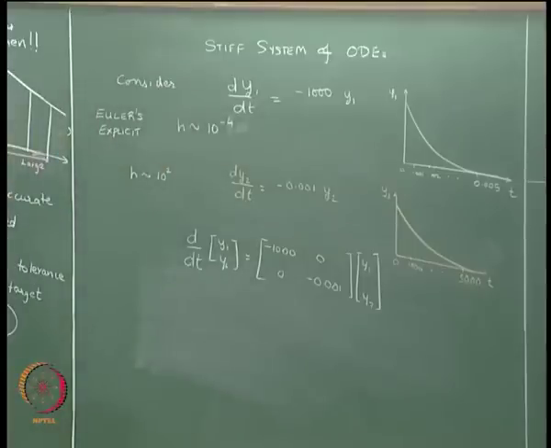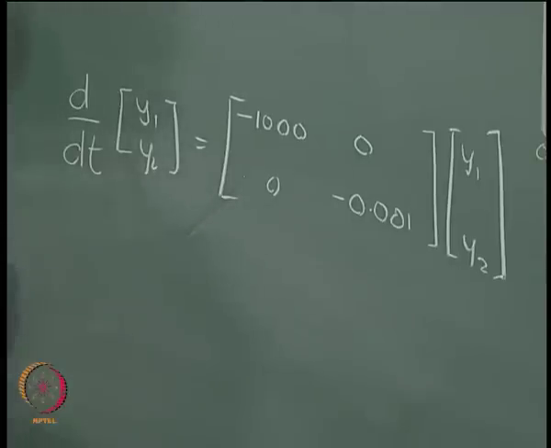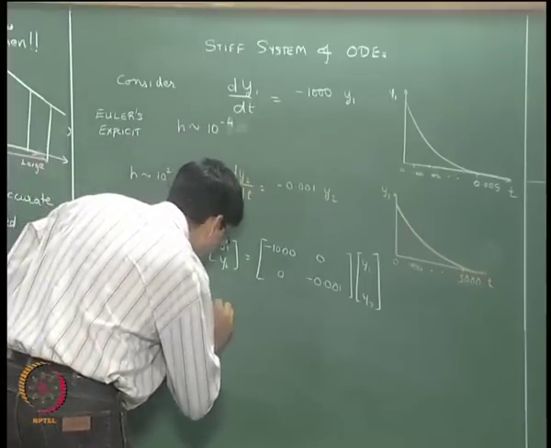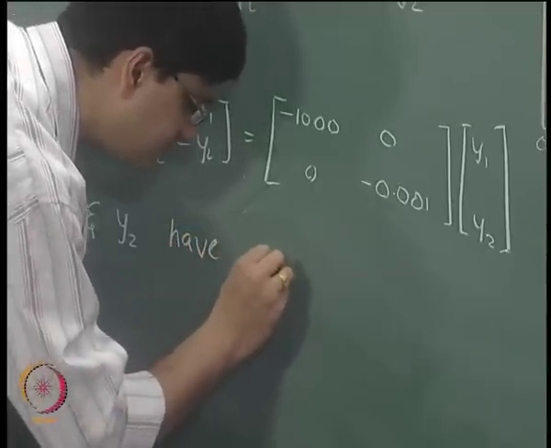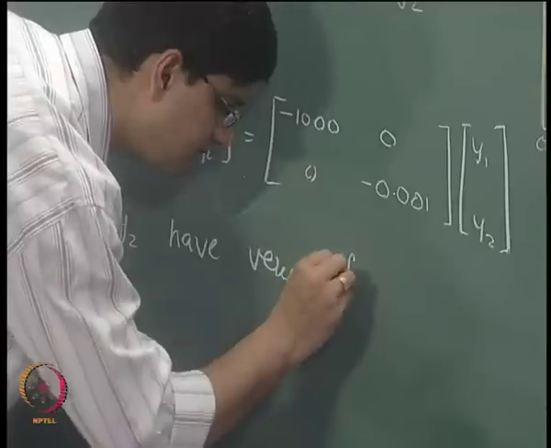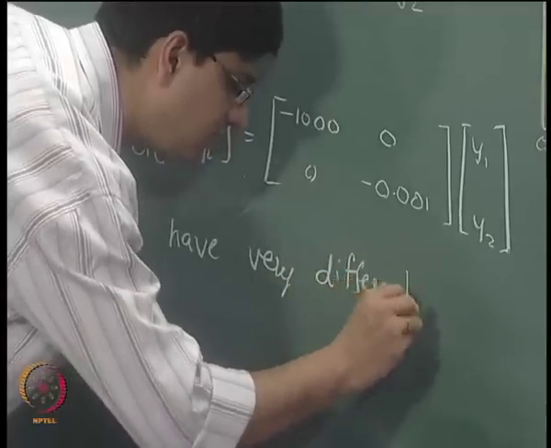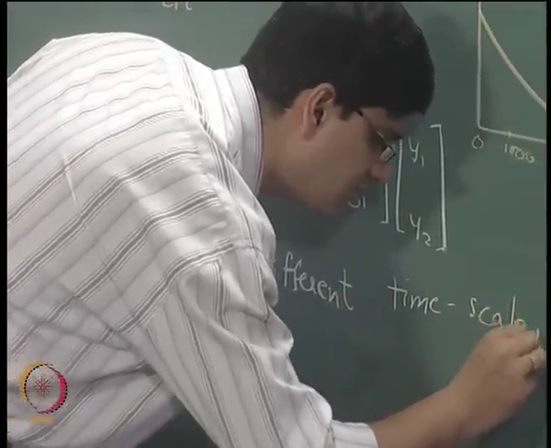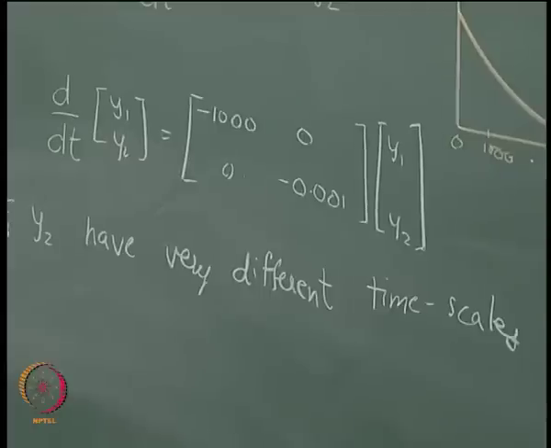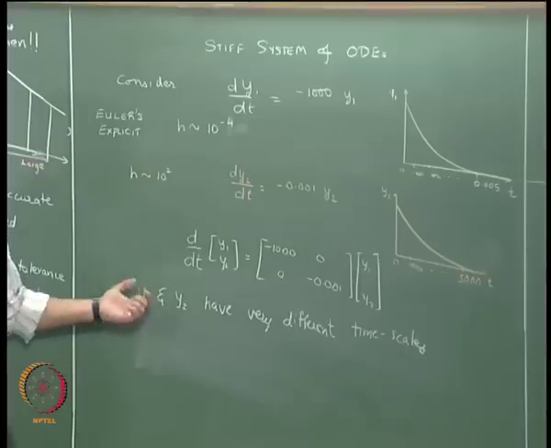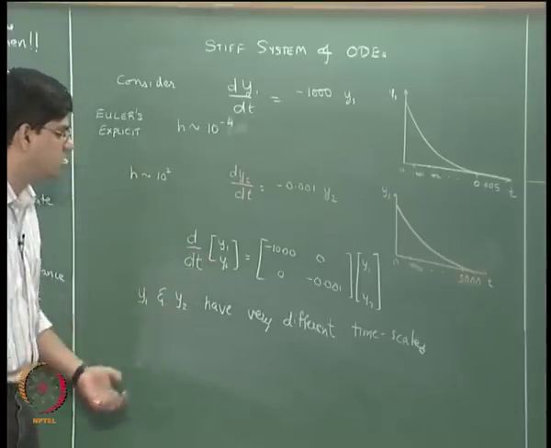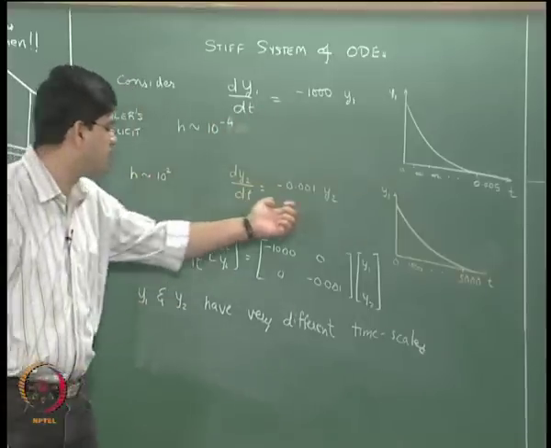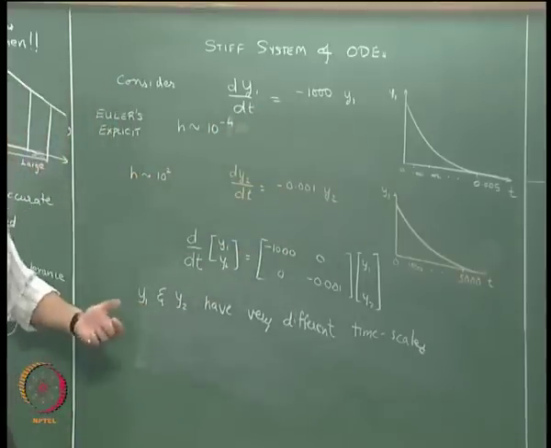So what happens over here is that y1 and y2 have very different time scales. So y1 and y2 evolve at very different time scales compared to each other. Y1 is evolving in about 5 milliseconds, whereas y2 is evolving over a period of an hour.